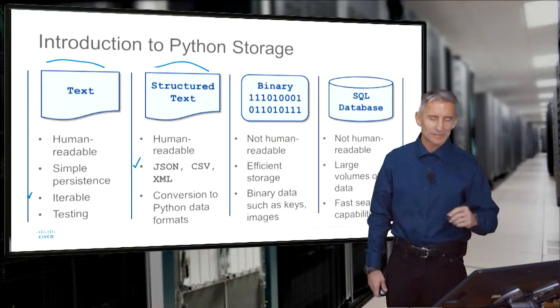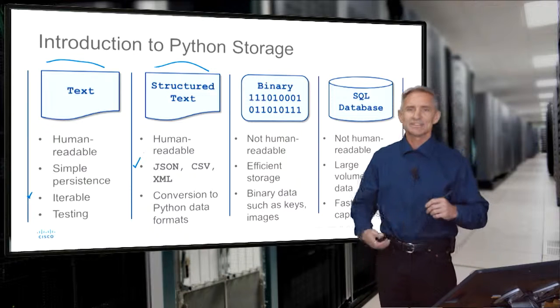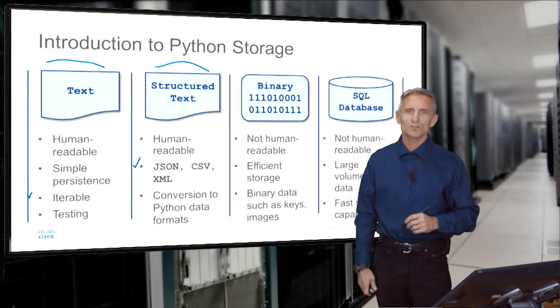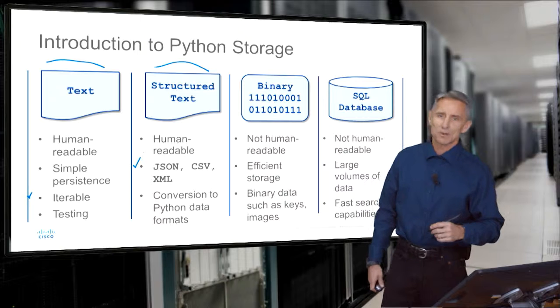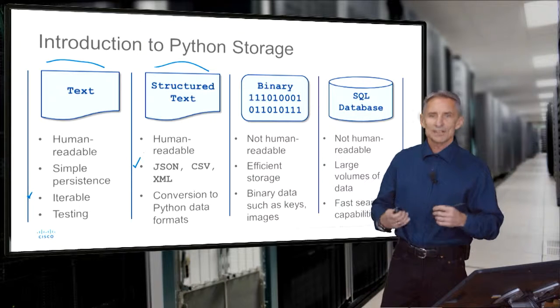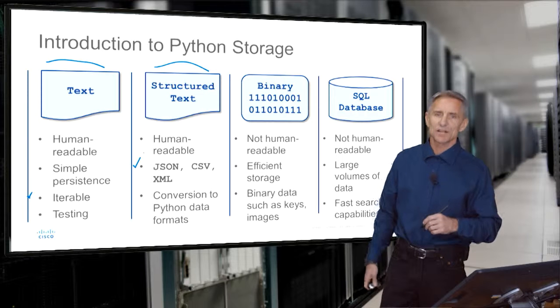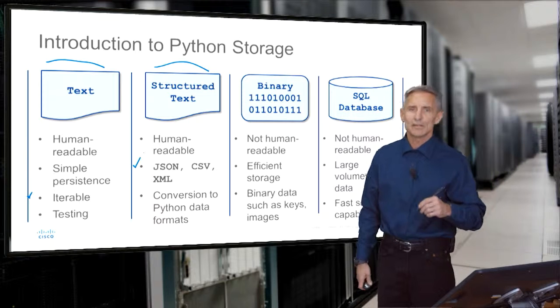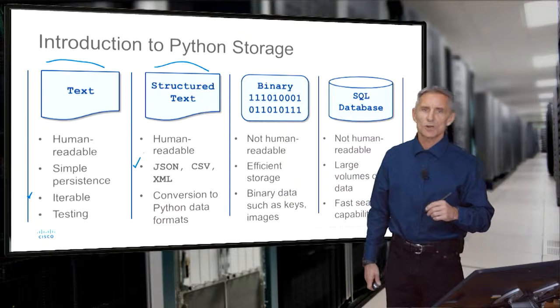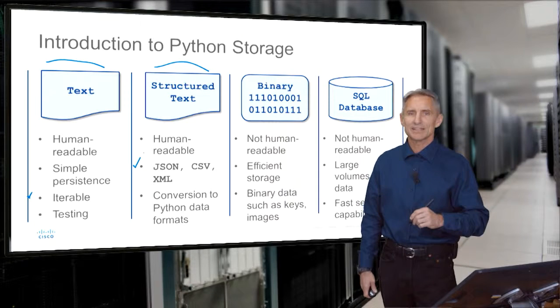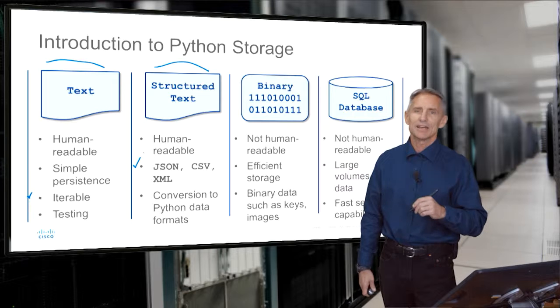The nice thing about these types of structured text files is that they are both machine readable in a structured format, but also human readable. That's why things like JSON have been so popular. One of the nice things about Python, we've mentioned before how Python has many external libraries to help you with many different functions, and there are libraries available in Python that allow you to easily read and write CSV, JSON, and other types of files.